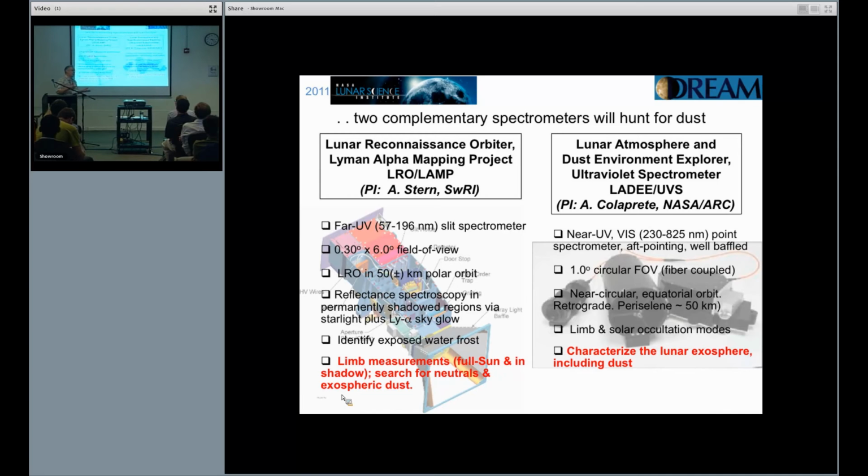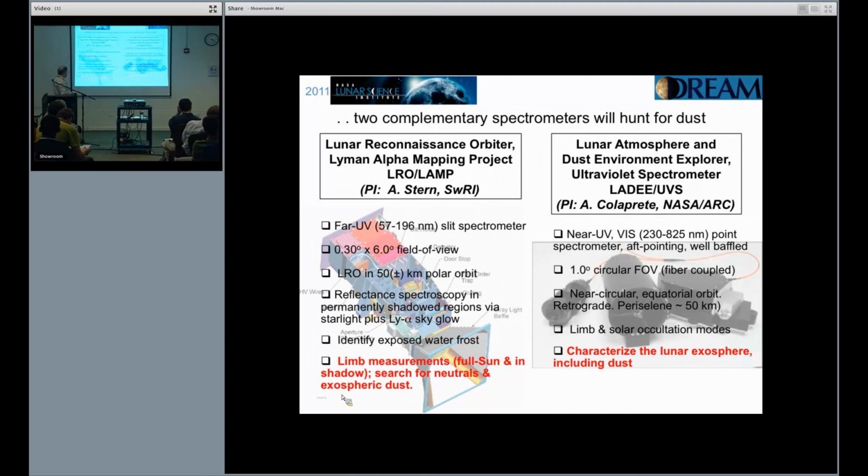That brackets the scattering properties of submicron grains, so the scattering properties will vary dramatically. Considered together, you have a very good diagnostic of size and shape. Another thing to point out is that the orbits of these two instruments are about the same height, so the look direction will be from about the same vantage point.